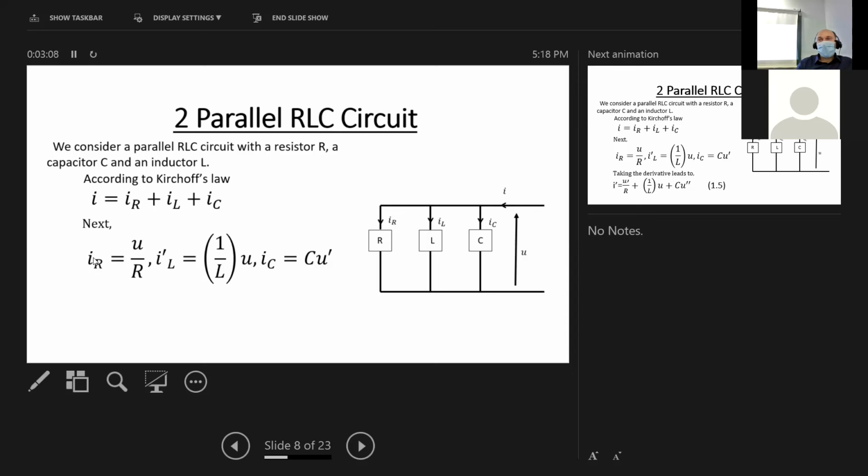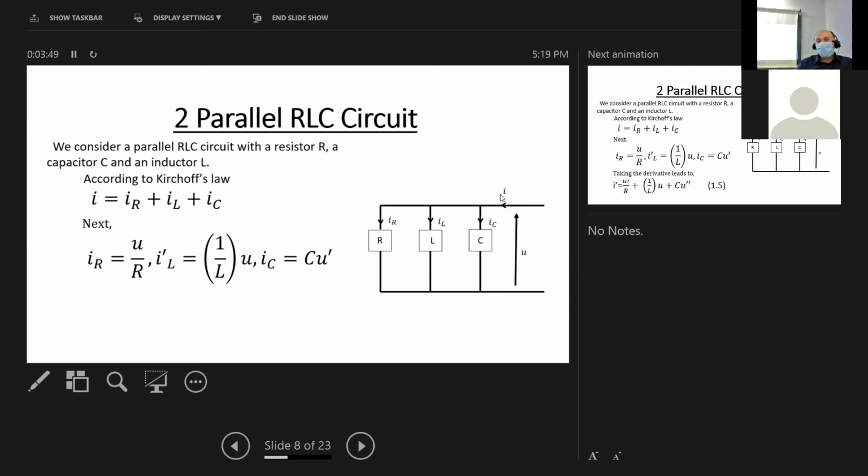So you have U equals R I, or IR equals U divided by R. The inductance is like a spiral, you know, and so this means that the intensity here is governed by this law. So my IL is given by this law. So it's U divided by L, where L is the inductance.